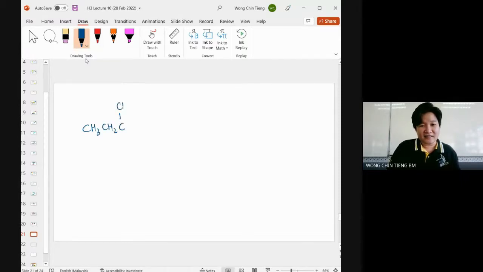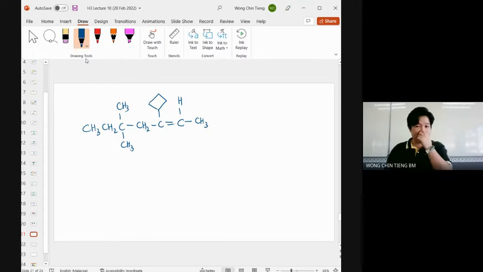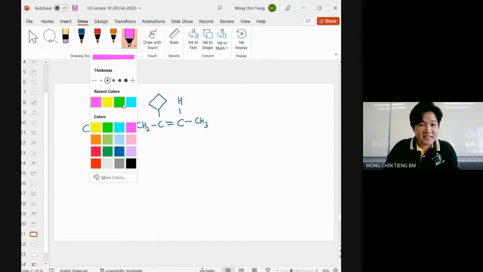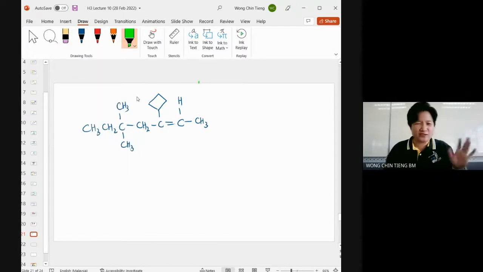Alright. Teacher bagi structure ni. Besar kan? Dalam exam keluar structure ni, alah susahnya soalan, besarnya soalan. Padahal yang kita nak tengok yang ni je.